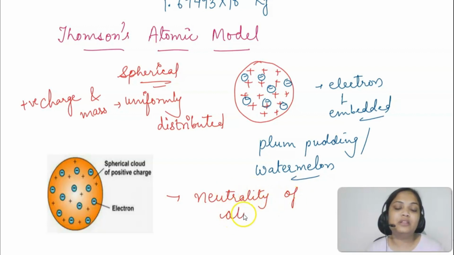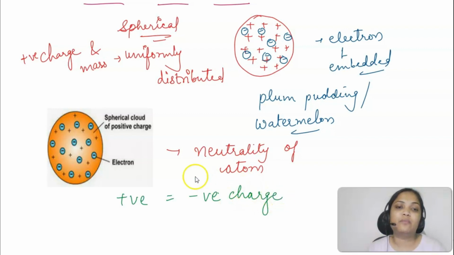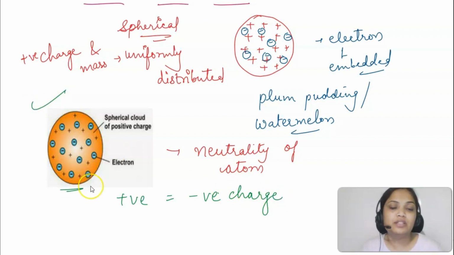Neutrality of atom means, students, that he said the atom is electrically neutral. Now, how will the atom be electrically neutral? It will be electrically neutral when the positive charge and the negative charge are equal in magnitude. As a result, the atom is electrically neutral.